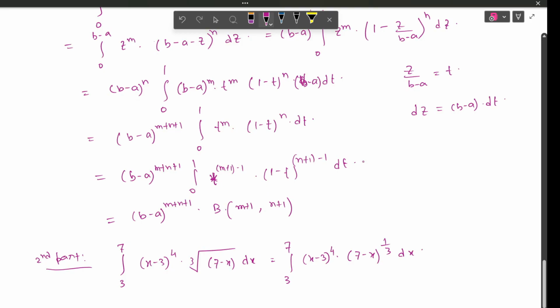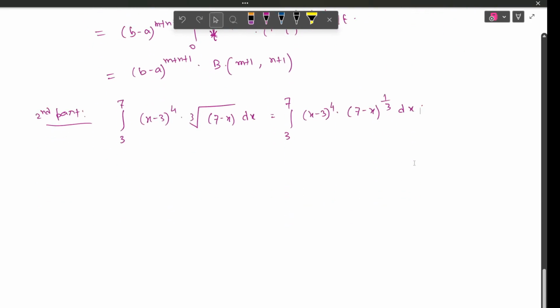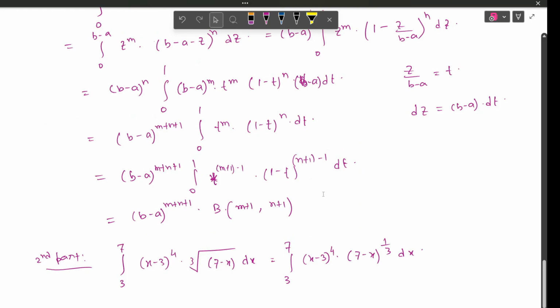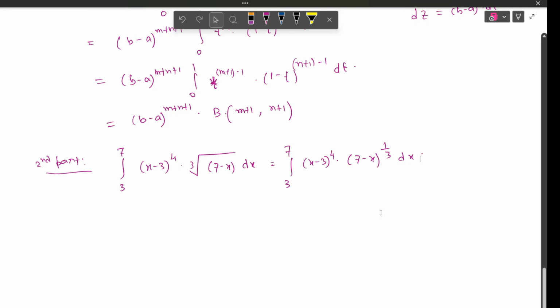Now we already know that, comparing this thing with the format, we can see that this is t to the power m plus 1 minus 1 format, and this is 1 minus t to the power n plus 1 minus 1 format, right? So ultimately we can say that this is b minus a.